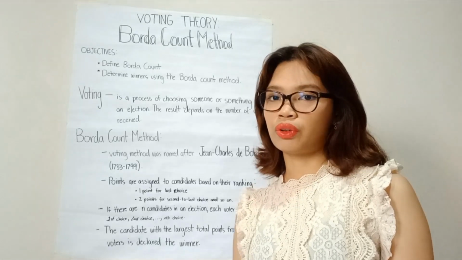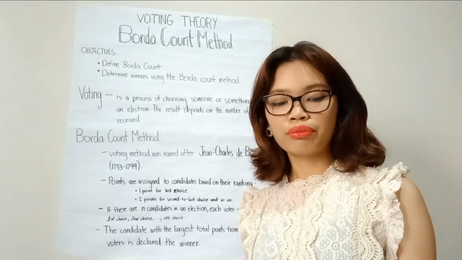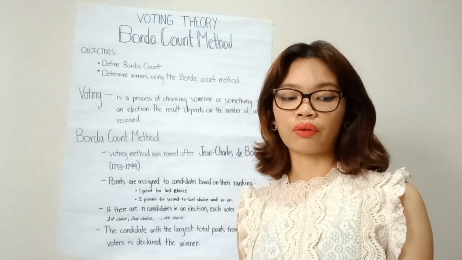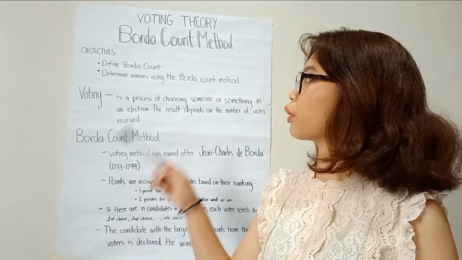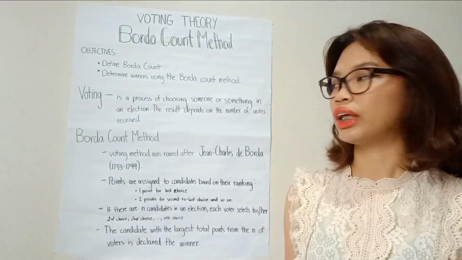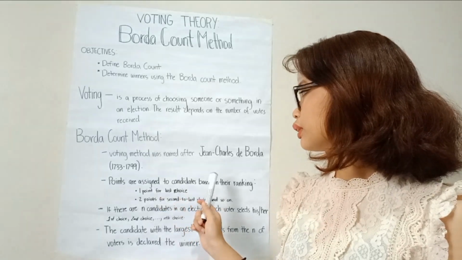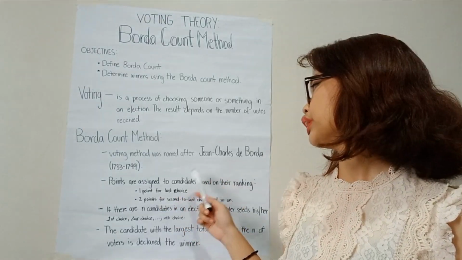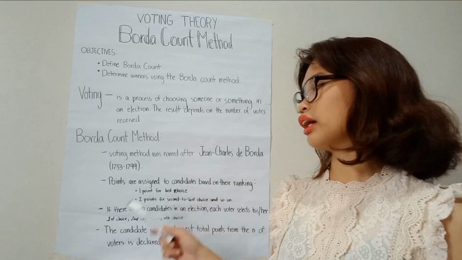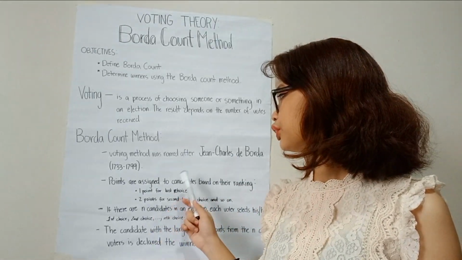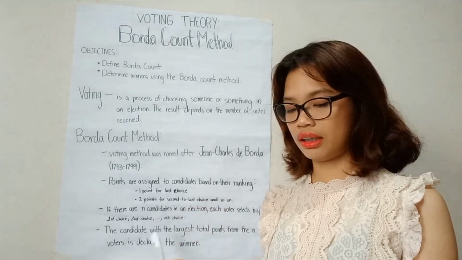There are different voting systems that have been used in many democratic forms of government nowadays, and one of them is the Borda count method. So let's define the Borda count method. The Borda count method was named after Jean Charles de Borda, 1733 to 1799.